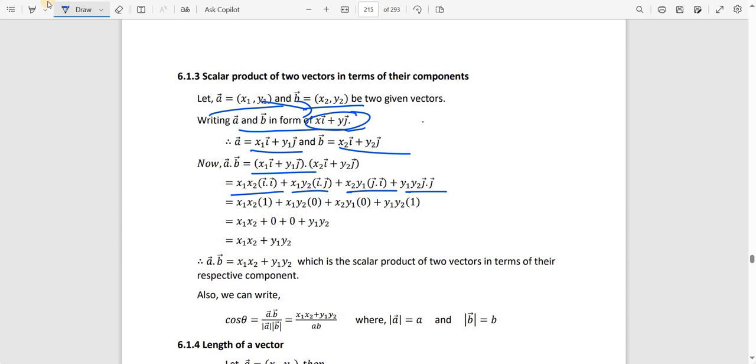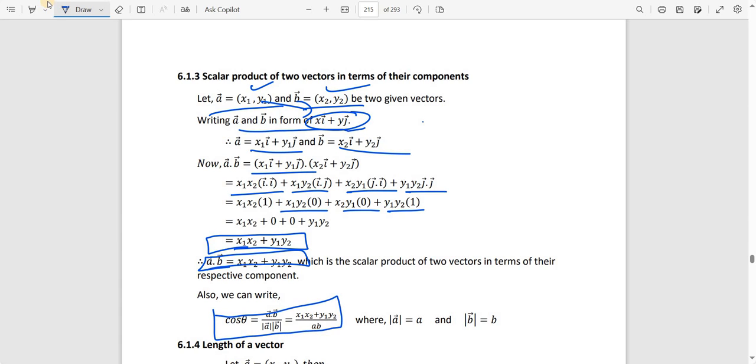Putting 0. What are we doing here? So we can write like this too. So if A and B are like this, we can write x1 x2 plus y1 y2, product of them written in this, and this is also another formula.